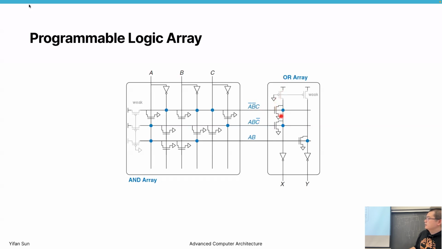If it's connected, then we do not select it. The power will drain from here. Then eventually we have a NOT, we invert it, and we get our OR result. That's how we implement this type of circuit with transistors. It's actually very simple. Without a gate, we can support some logic.